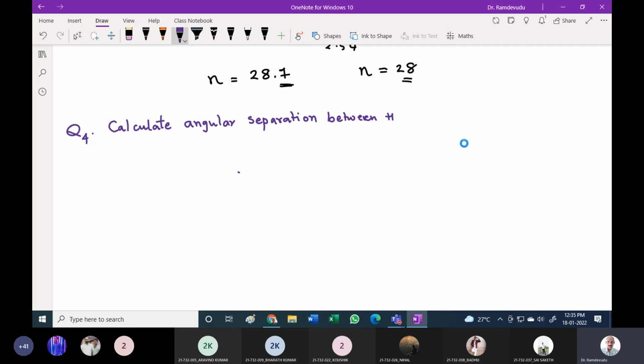Angular separation between the first order minima on either side of the central maximum.